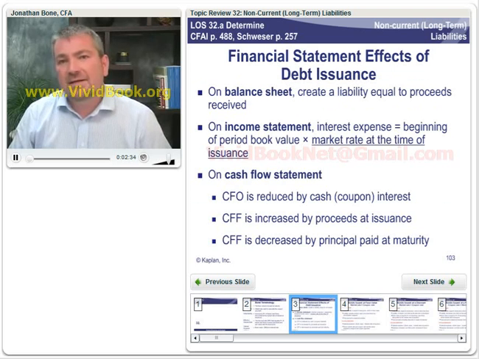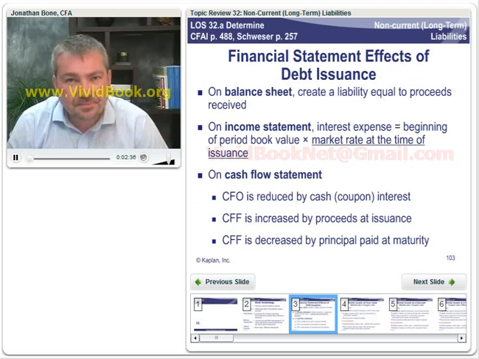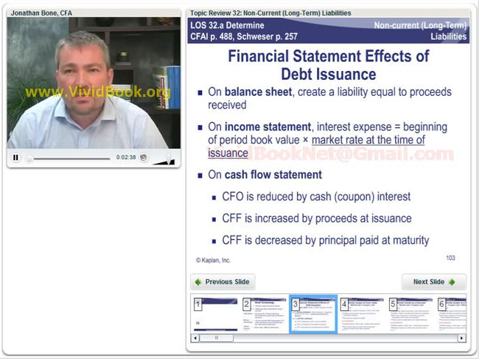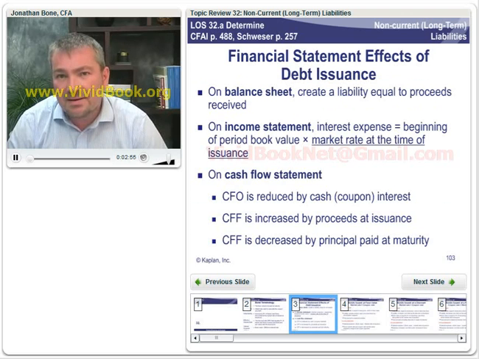So let's have a little look at the impacts on our financial statements. When we issue a bond, we're going to create a liability equal to the proceeds received under US GAAP. But of course, remember, IFRS, the liability is equal to the proceeds received less any issuance costs. On the income statement, the interest expense will be the opening liability value times the market rate at the time of issuance.